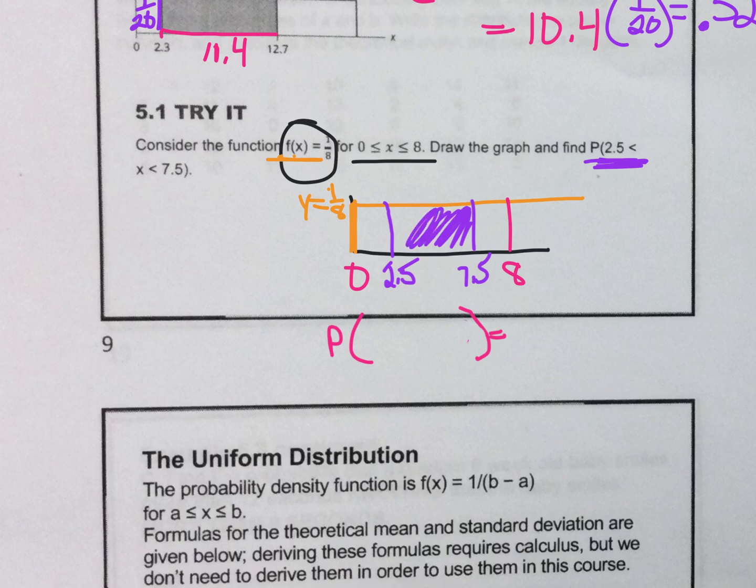This is what we want the probability for. The distance between them is 5 times the width, which is 1/8, equals 5/8, which is 0.625.